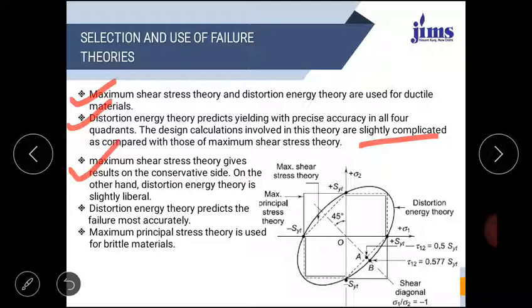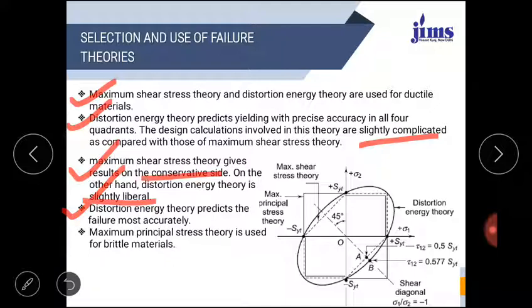In the third point, you will see the maximum shear stress theory gives the result on the conservative side. On the other hand, distortion energy theory is slightly liberal, meaning you may have some advantage in taking a lower factor of safety. So if you want to be on the conservative side, your factor of safety will be larger, but when you want a more aggressive mood in design, then you should choose distortion energy theory for ductile material.